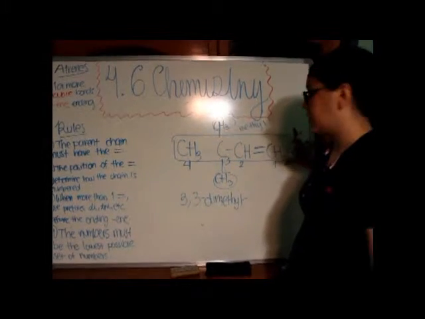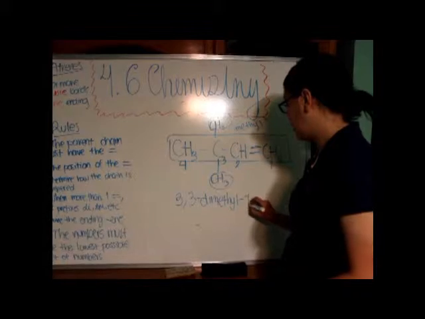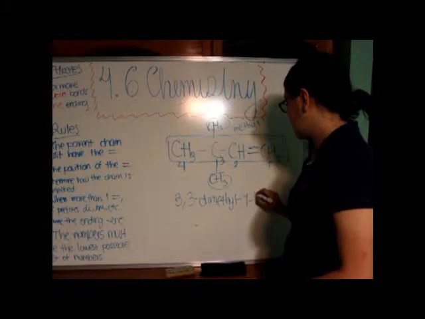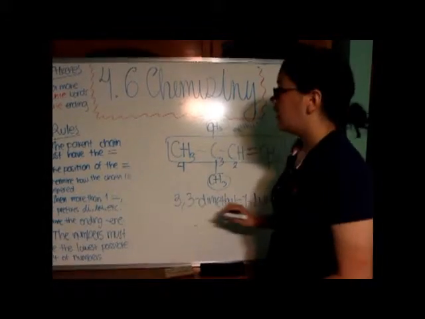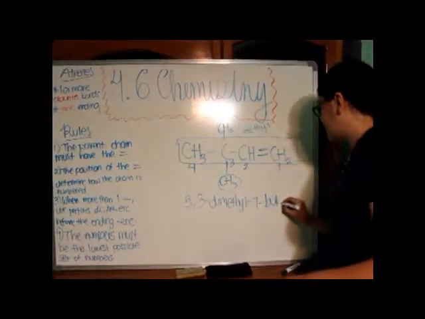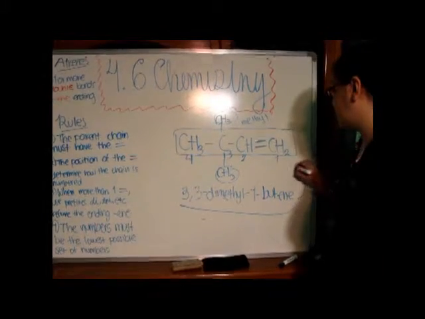We need to put the number of the double bond. The double bond is in number 1, so 1, and this has 4 carbons, so it's but, and it must have an -ene ending, so butene. This is the name for this compound.